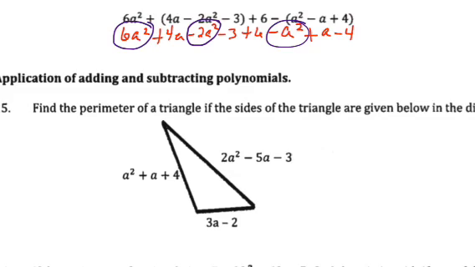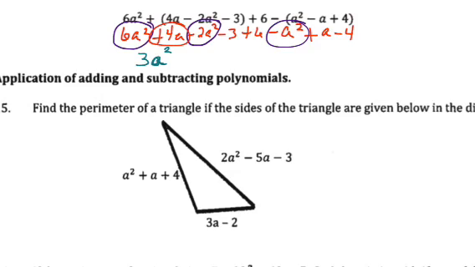So negative 1 and negative 2 gives us a negative 3a squared that we subtract from positive 6a squared, leaves us with positive 3a squared. That a almost looks like Q. I apologize. The next thing we have are the a's.